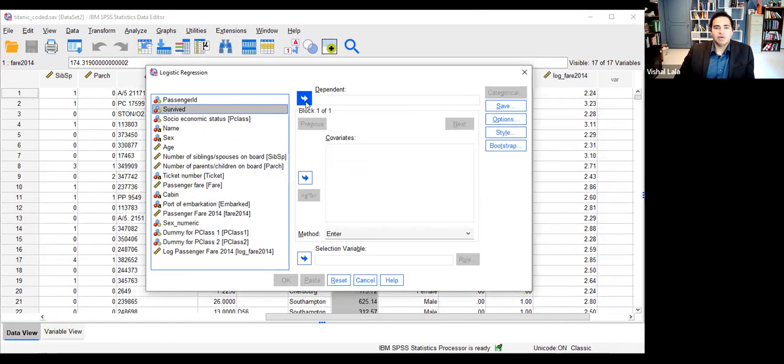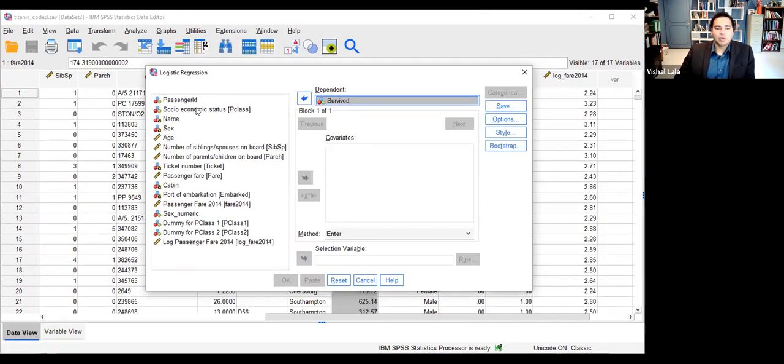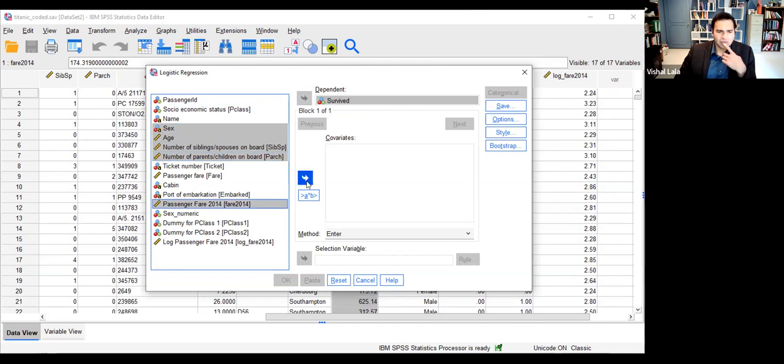So we're going to go survive goes to dependent variable. We'll move people's sex, age, siblings/spouses, parents/children, and passenger fare over to the right.